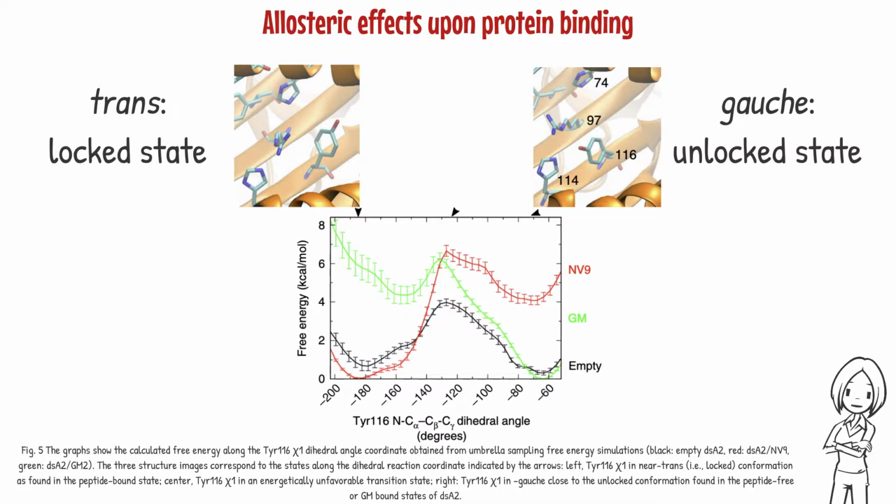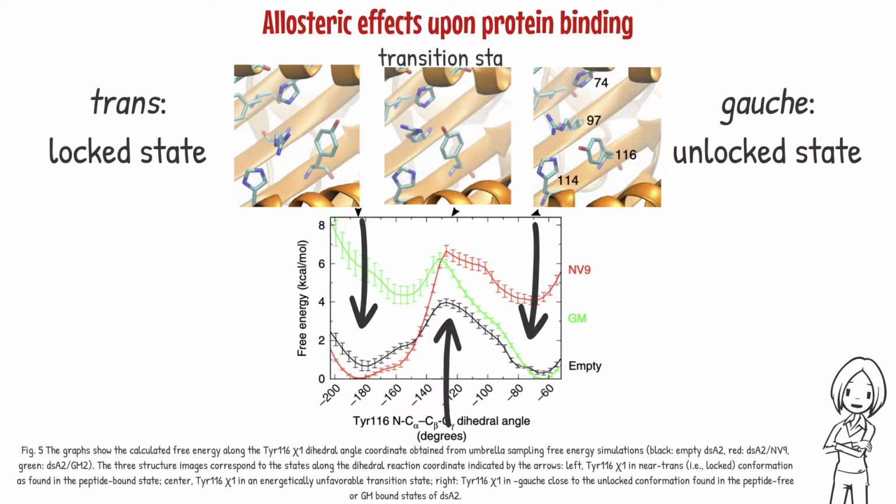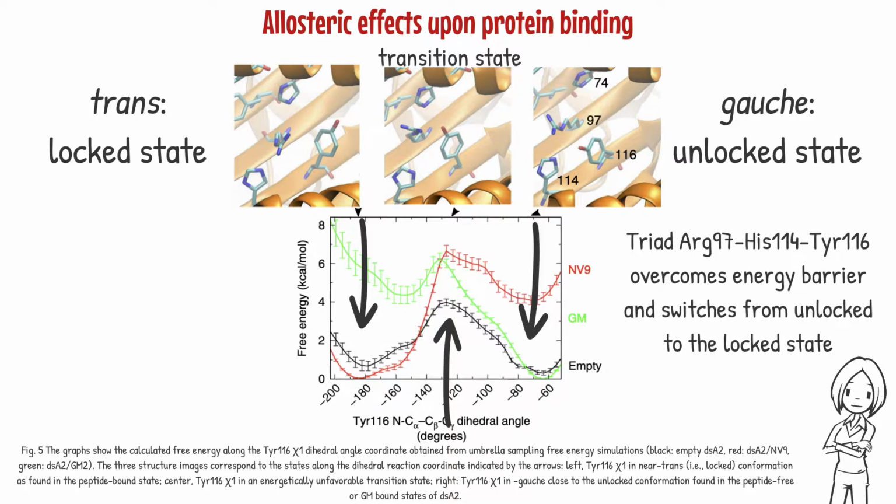Both conformations represent a local minimum of free energy, revealing a significant energy barrier between them. This simulation supports the previously stated allosteric model where the triad arginine 97, histidine 114, and tyrosine 116 overcomes the significant energy barrier and switches conformations upon peptide binding from unlocked to the locked state.